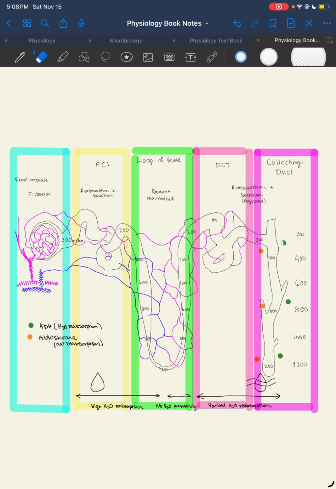If the efferent arteriole constricts, the pressure inside the glomerulus rises and the GFR increases. If it dilates, the pressure drops and the GFR decreases. This regulation happens through autoregulation, the sympathetic nervous system, and hormone regulation like the RAS.